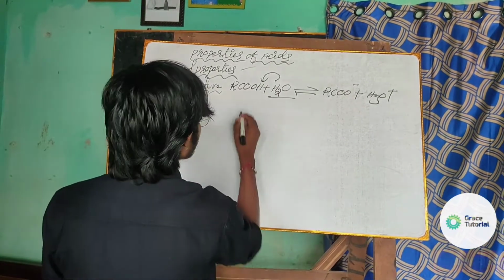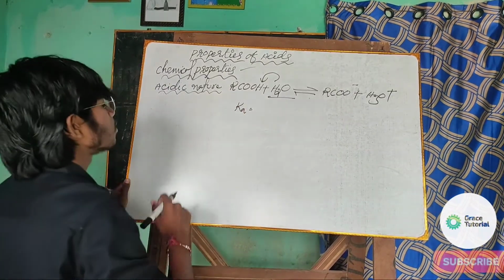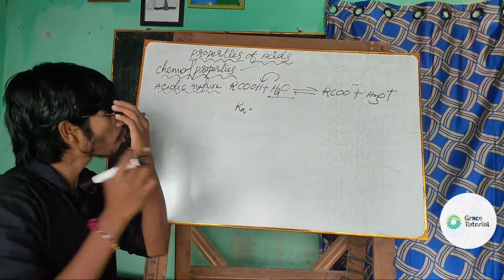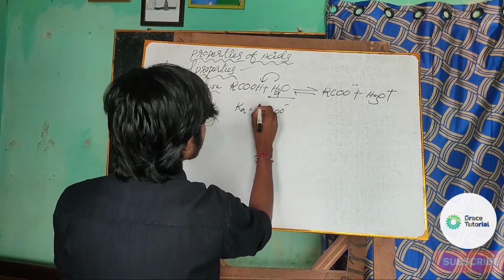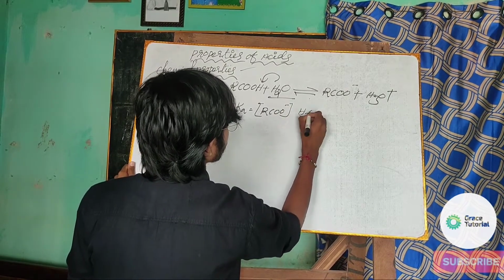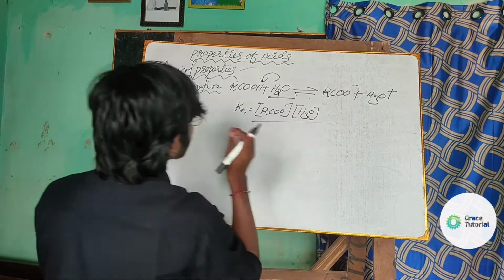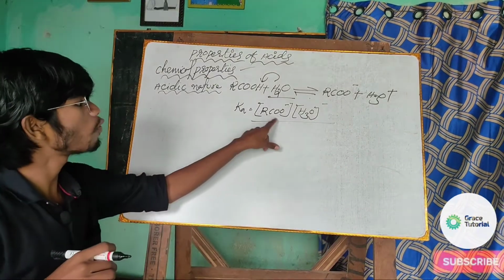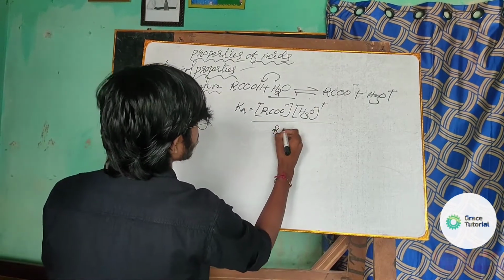So the equilibrium constant is the concentration of RCOO minus and H3O plus over RCOOH.